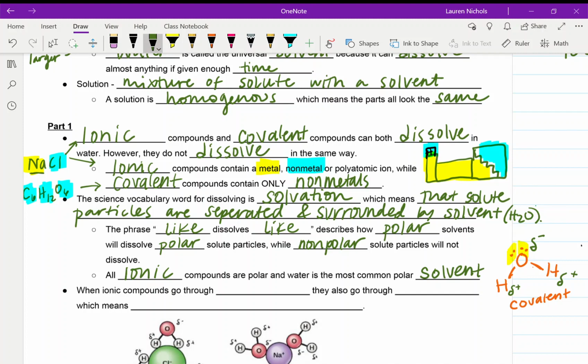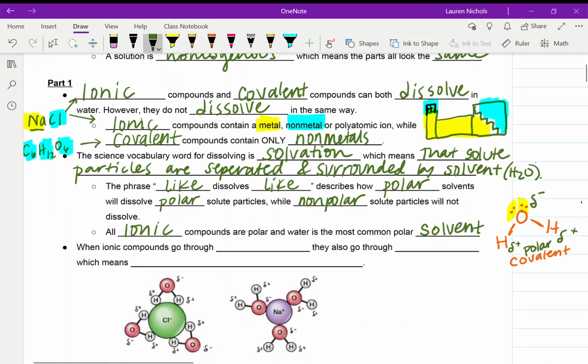So these partial positives and negatives give it that polar quality that we're looking for. So it means water's really good at dissolving things that have polarity. So ionic compounds have positive and negative ions, cations, anions, things of that nature.